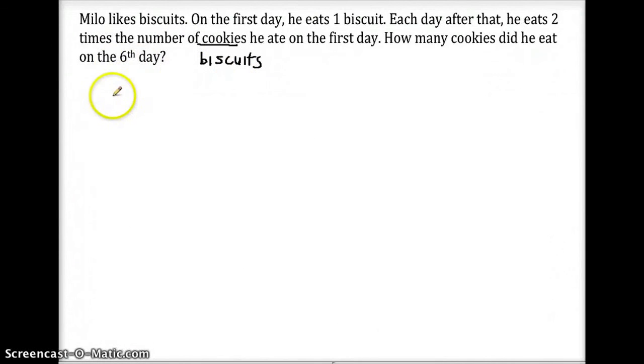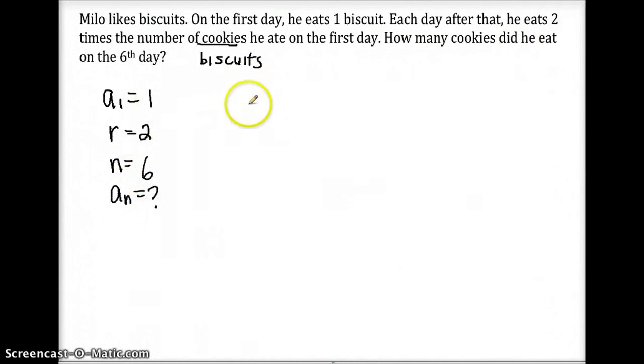Okay, so on the first day, he eats 1 biscuit. And he eats 2 times the number, so r is going to be 2 because we're going to multiply by 2 each day. How many cookies did he eat on the 6th day? So you want to find out what an is when n equals 6. So I'm just going to write the formula. an equals a1 times r to the power of n minus 1.